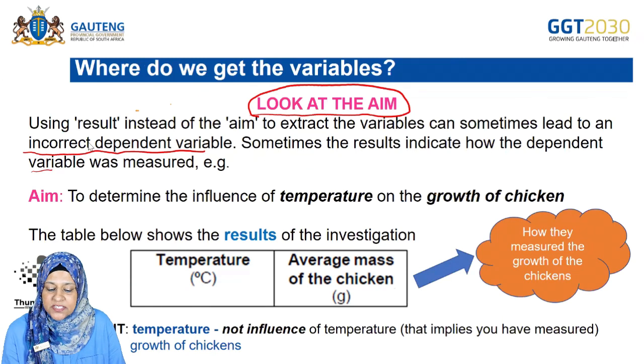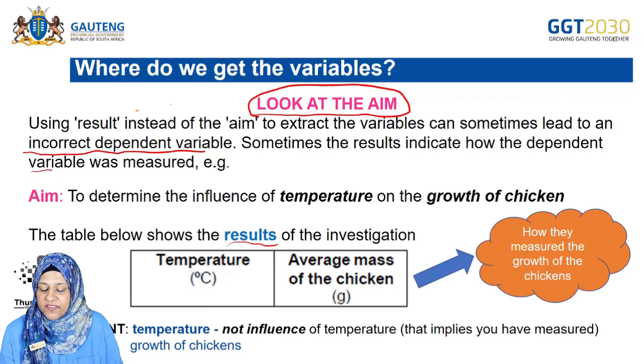Let's look at this. This table here shows results of the investigation. It tells us the temperature in degrees Celsius and the average mass of the chicken. This tells us how they measured the growth of the chicken. They measured the growth of the chicken by measuring the average mass.